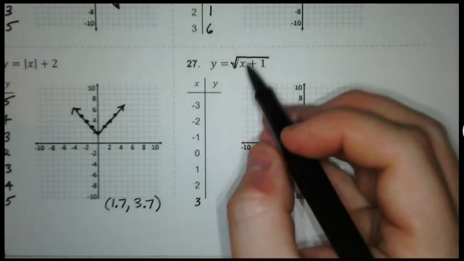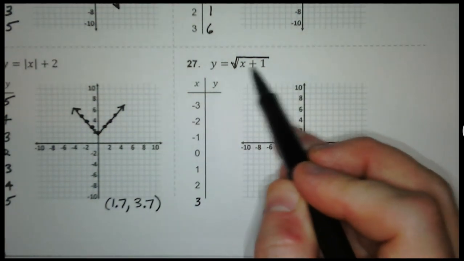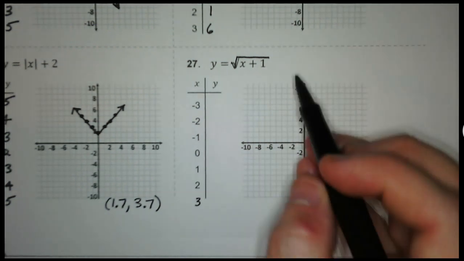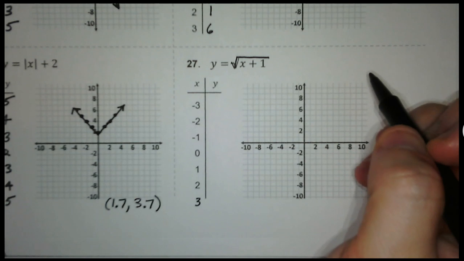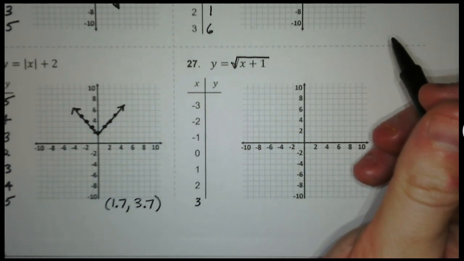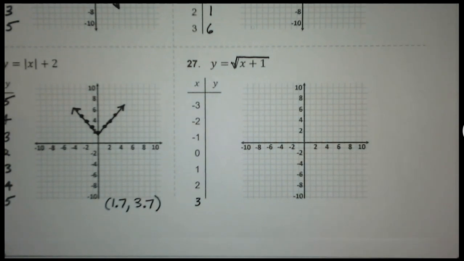So if you replace the x with 3, this becomes the square root of 3 plus 1. First of all, 3 plus 1 is 4. But then you have to take the square root of 4. The square root of 4, in case you forgot this or never learned this, that's solid.